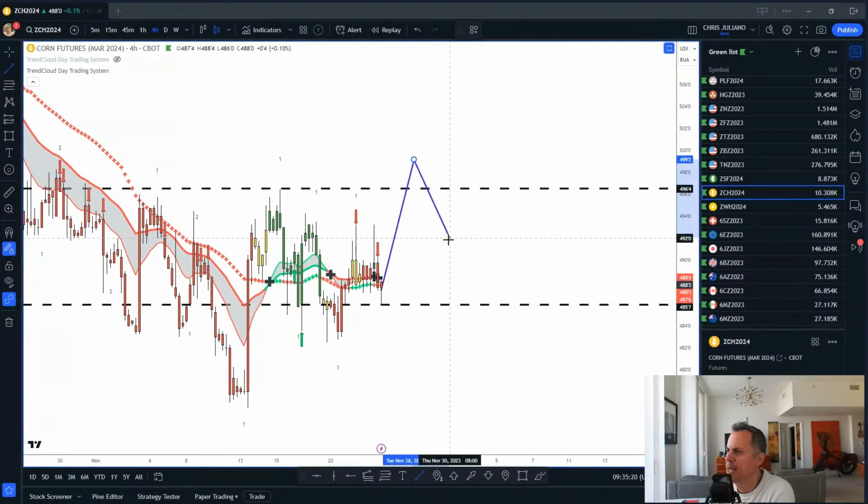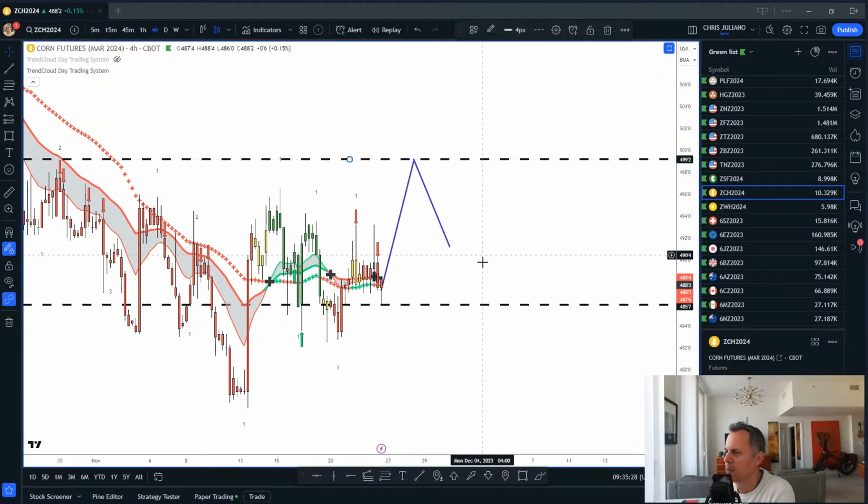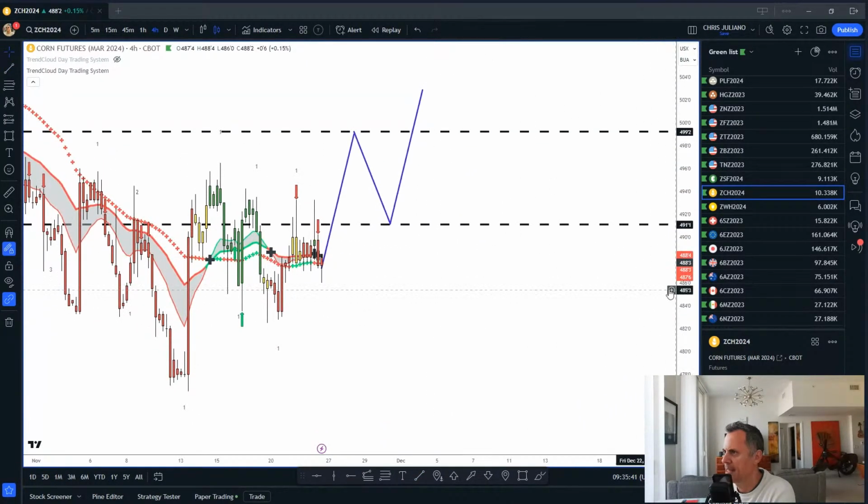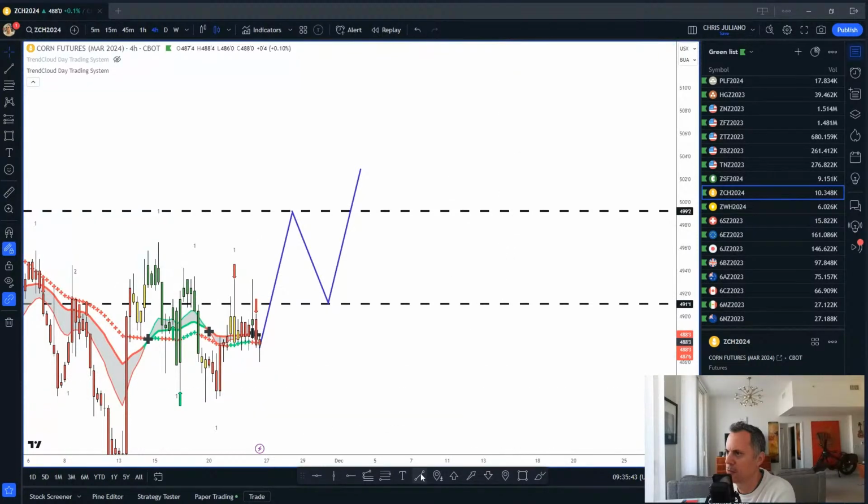And then it'll pull back into some support level, right? And at that point, we'll go here. And then if it does this, we can bring this here. Okay, that's how we follow price action.